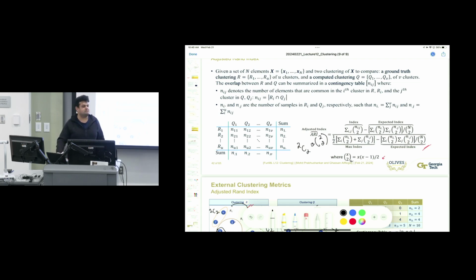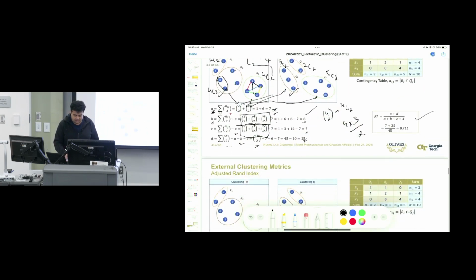Whenever we write it, it's easier to show it as a simple matrix, 2, 2, whereas when we speak it, we usually say 2C2, which is 2 multiplied by 1 divided by 2, which gives you 1. And 6 is 4C2, which is 4 multiplied by 3 divided by 2, which is 6. And you can use the same methodology for everything.